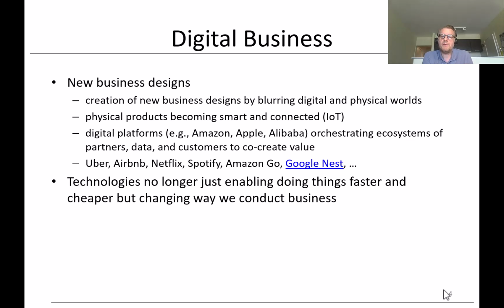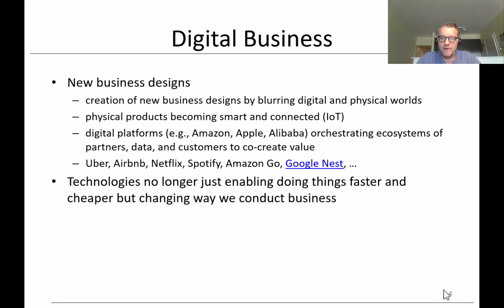But not only this, think about also the IoT example of smart agriculture that I mentioned earlier, where we have physical products that become smart and connected, such that can be constantly monitored, such that we can decide where a physical product is located, whether it should be maintained, whether it should be upgraded, etc. But also think about digital platforms as they are being provided by companies such as Amazon, Apple, or Alibaba in Asia, that are in essence orchestrating ecosystems of partners, data, and customers, all aimed to collaborate and co-create value.